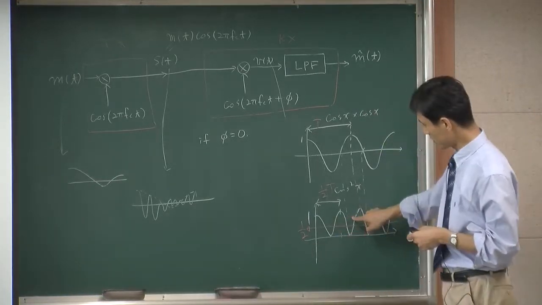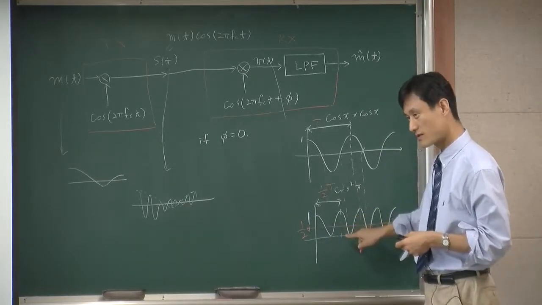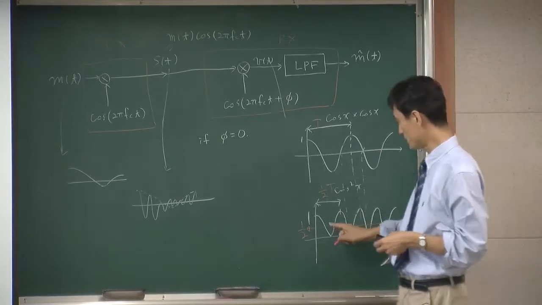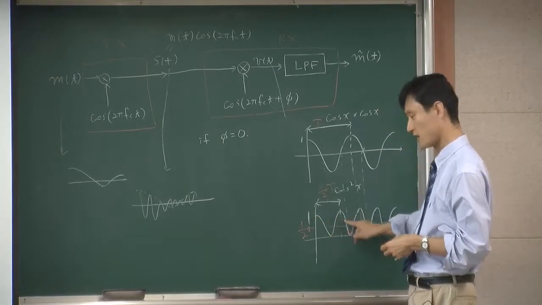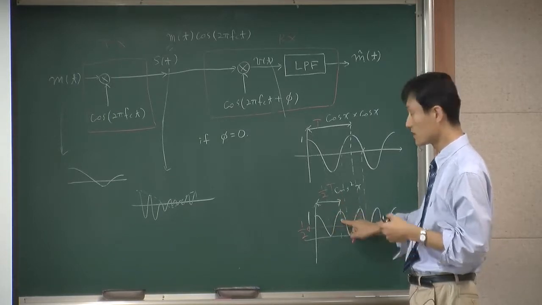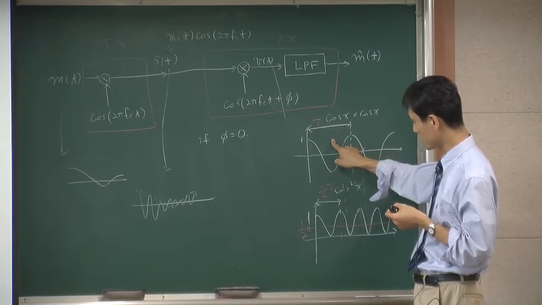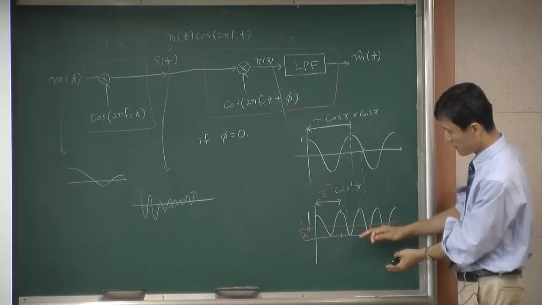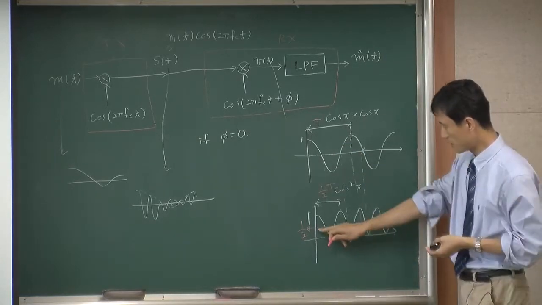So when you look at this, what can you find out? In this case, you know that this is a cosine, but this cosine has double the frequency of this particular cosine. Not only that, this one is lifted up, so the middle point is half.